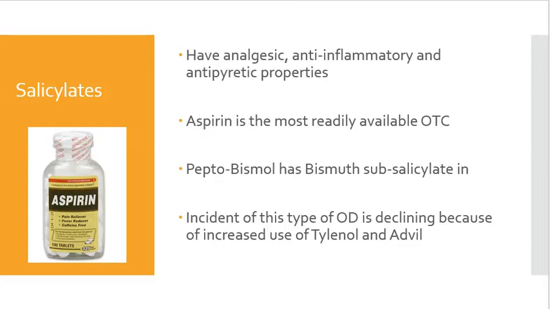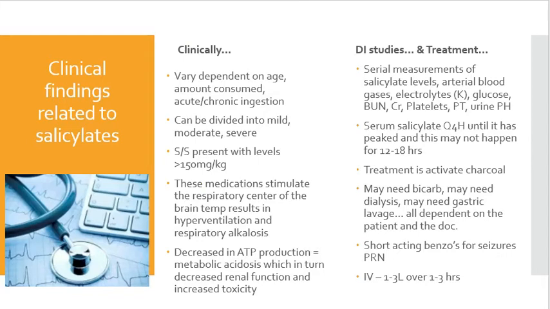Clinical findings related to salicylates. So symptoms of mild toxicity would include nausea, vomiting, dizziness, and tinnitus. Moderate toxicity occurs with an ingested dose of greater than 250 milligrams per kilo, and symptoms of a moderate toxicity would include tachypnea, hyperpyrexia, sweating, dehydration, agitation, and ataxia.